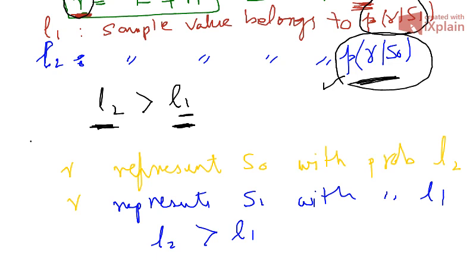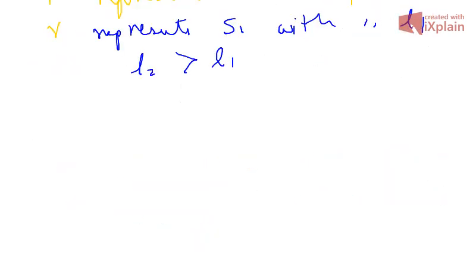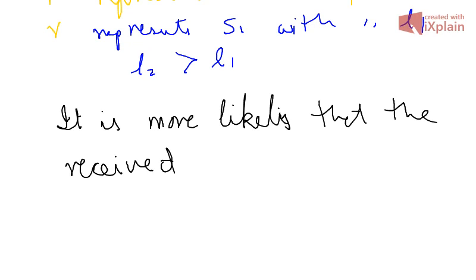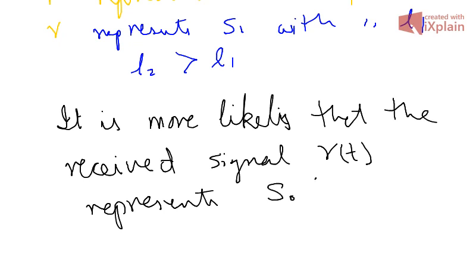S naught. So it is more likely that the received signal R of t represents S naught of t.